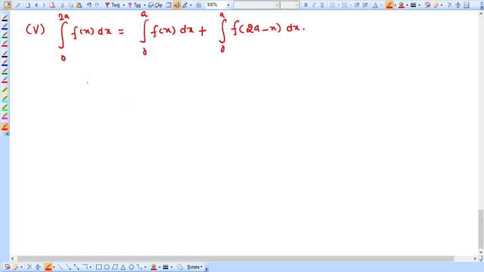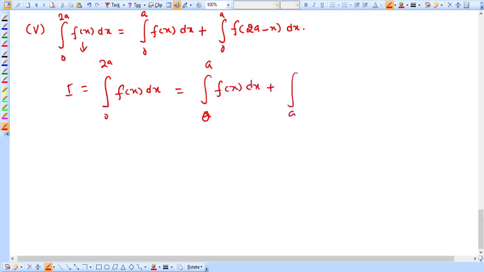So see here how we are going to prove this. Let's take I is equal to integration from 0 to 2a of f of x dx. So we can write it is equal to, using property number 3, integration from 0 to a of f of x dx plus integration from a to 2a of f of x dx, because of property 3.